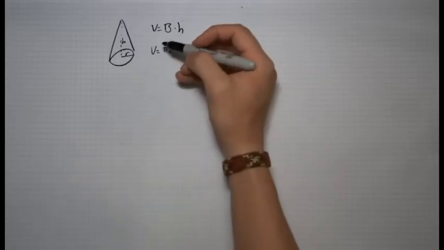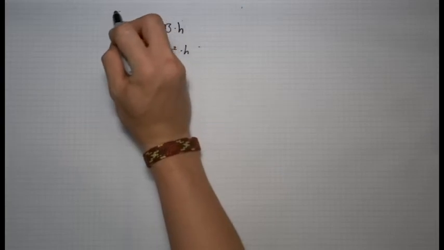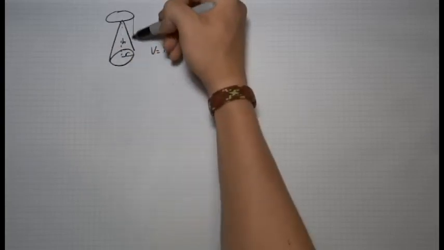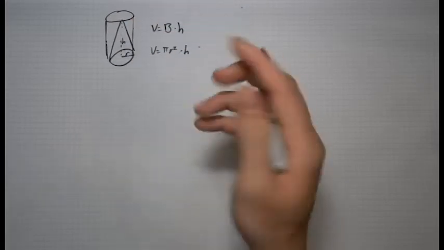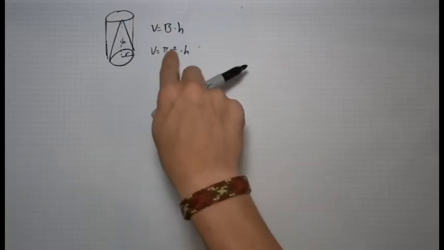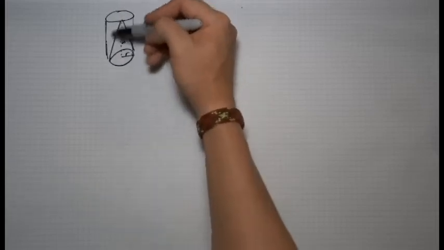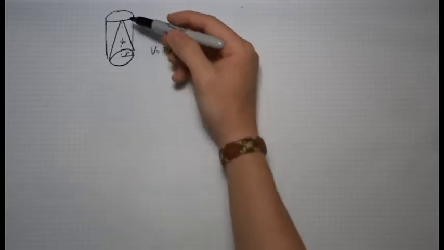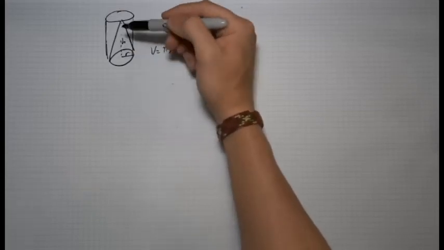And what we've actually found when we use this formula is the volume of a cylinder with the same dimensions. So we now know that this pi r squared times height is the volume of this whole cylinder, but we only want the cone. And it turns out that this cone takes up 1/3 of the whole volume of the cylinder.